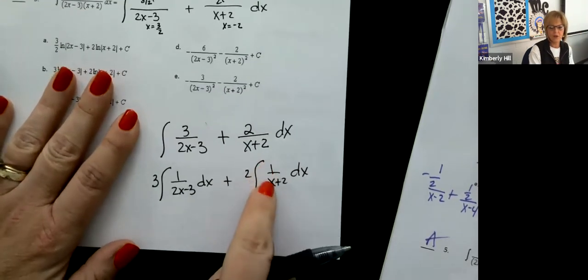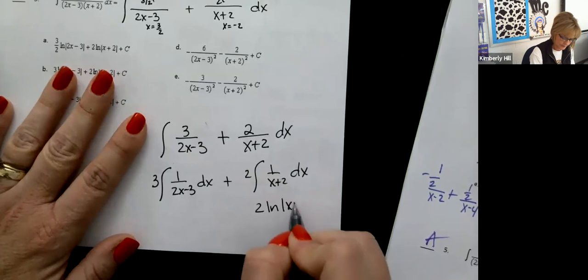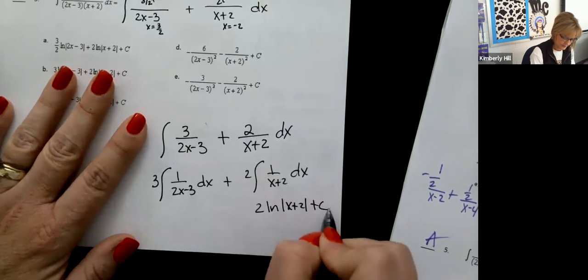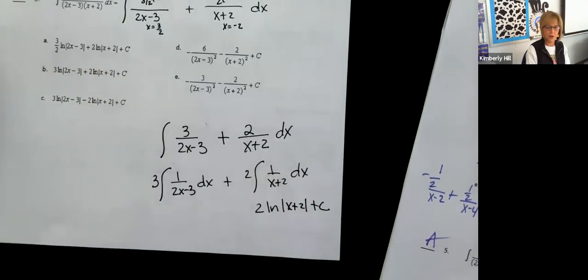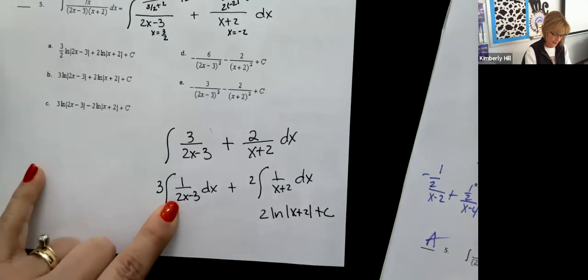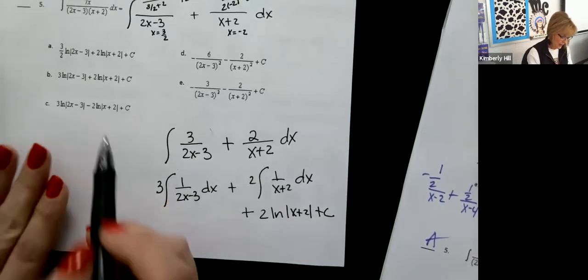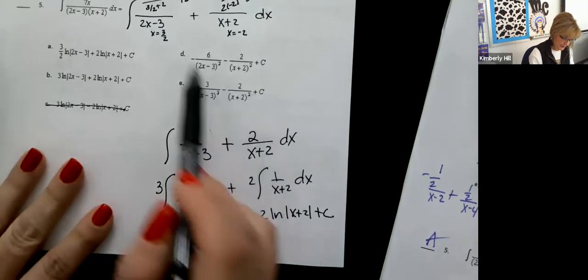U prime over U. So if I took the derivative of this denominator, it would be 1. So that part's good to go. But this one, not so much. So I know I'm going to have a plus 2 ln x plus 2. So I can go ahead and eliminate some things.